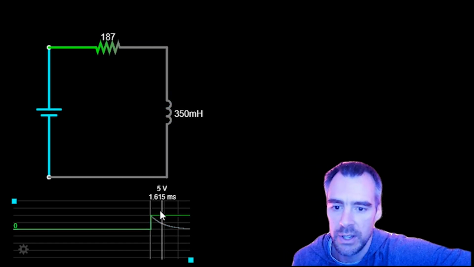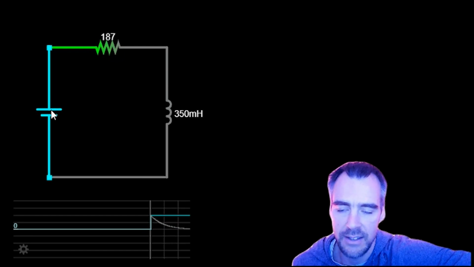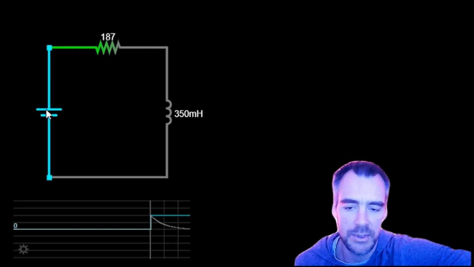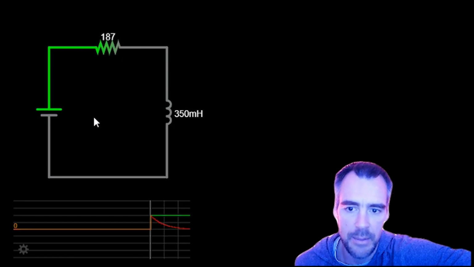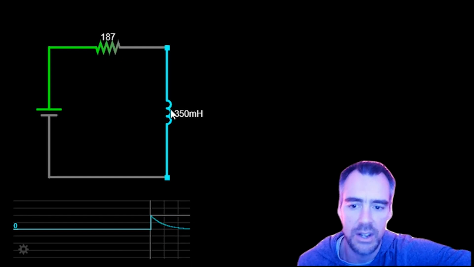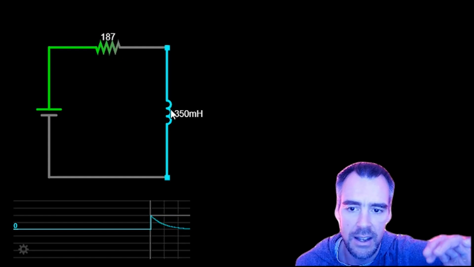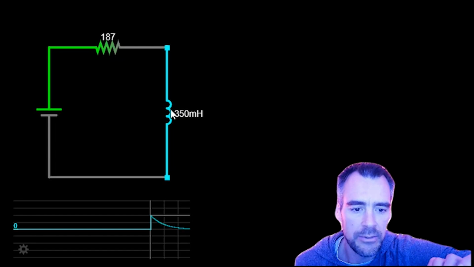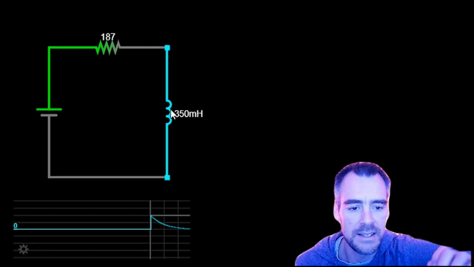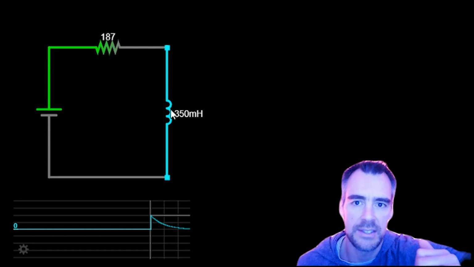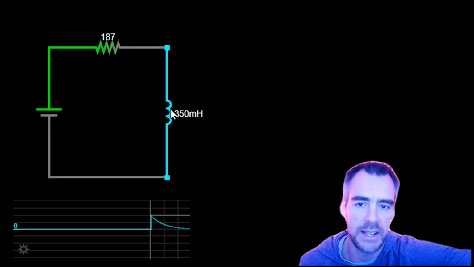And what I'm showing here is a plot. This is like if I just turn this battery on; you can see in the cyan, I'm turning it up to 5 volts. And what's going to happen is my response across this inductor, as I explained in that previous video, is going to start off at 5 volts. The EMF is a resistance to changing current that's based on Maxwell's equations.